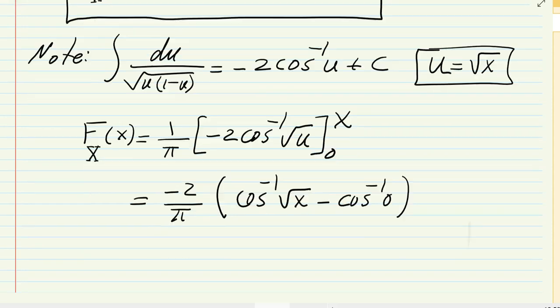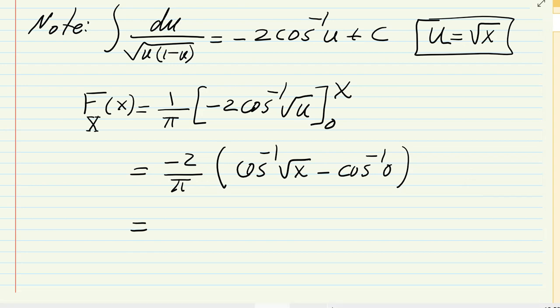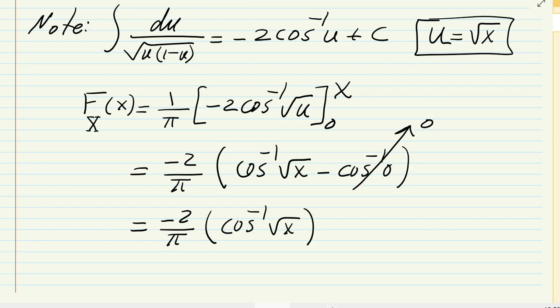The inverse cosine of 0 is going to be 0, or actually, hold on, that's not 0.